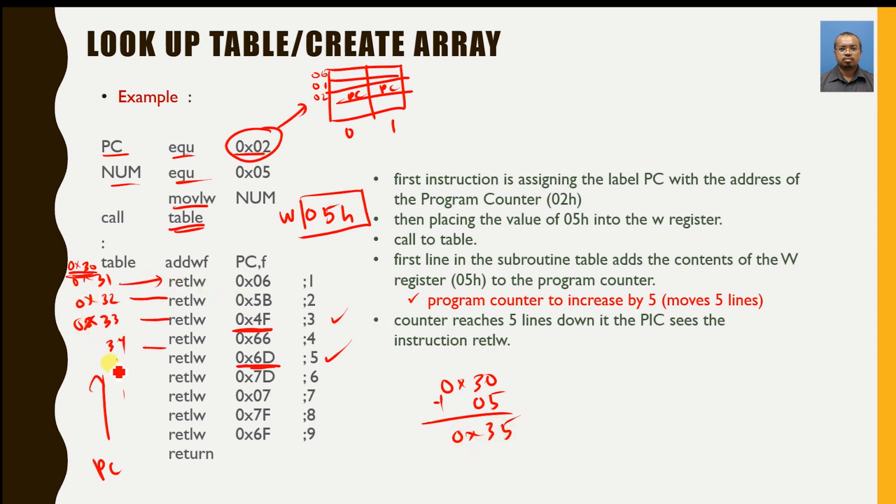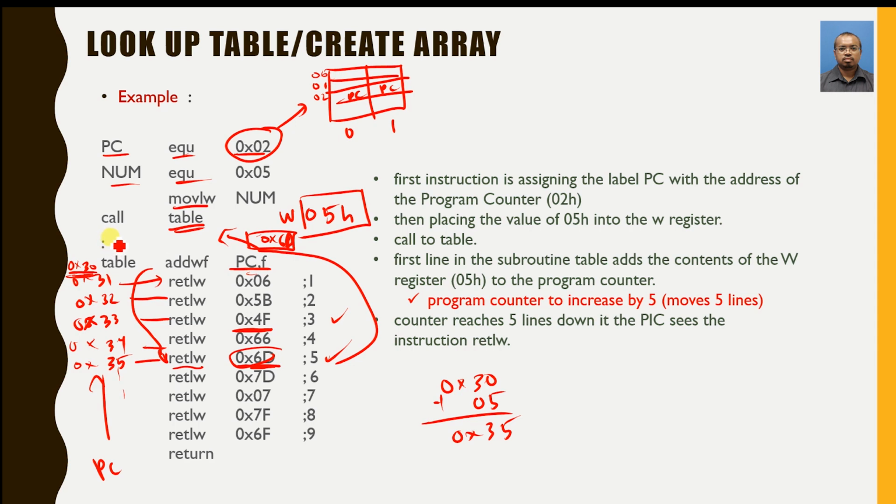So what is 35? 35 is here. From this instruction, the program counter will just jump straight to this number 35, and then RETLW returns literal to W, 0x6D. So this program will straight away go out from the subroutine, and the working register at this point is 0x6D.